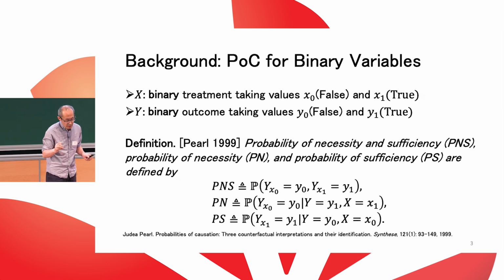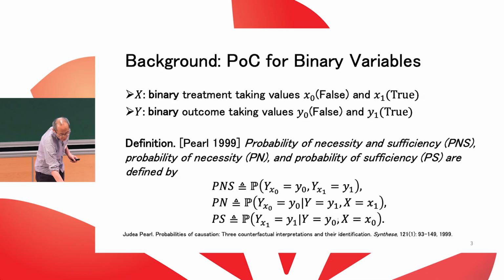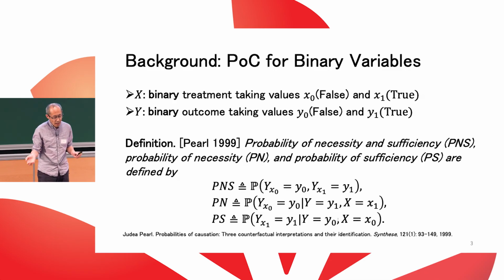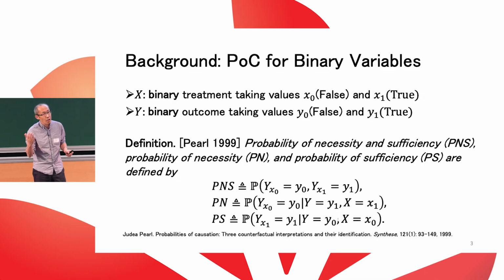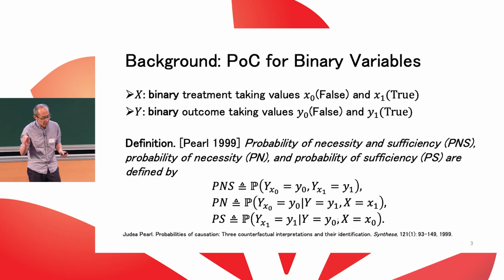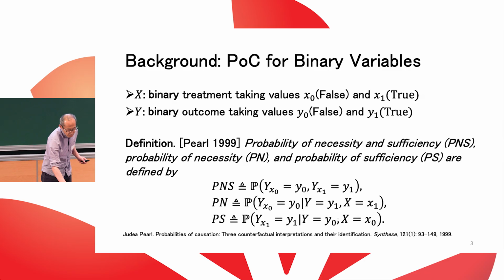Similarly, there is the probability of sufficiency, which says currently x and y do not occur. You ask, had x occurred, would that cause y to occur? That quantifies the probability of the sufficiency of x.